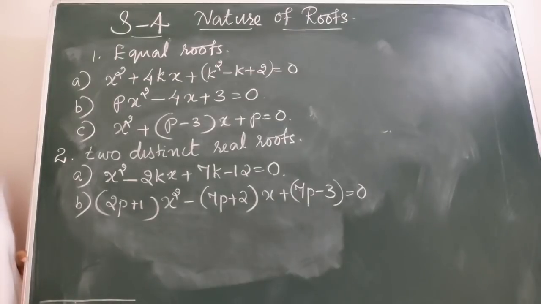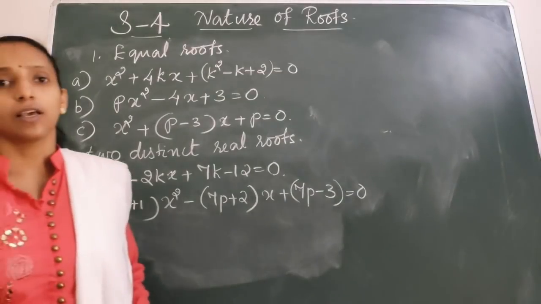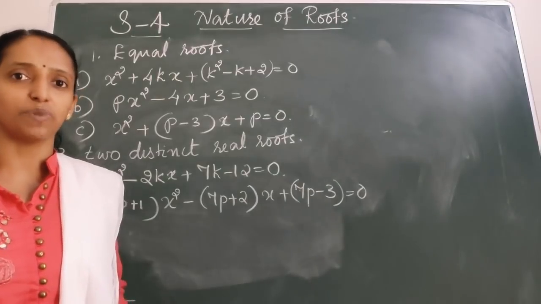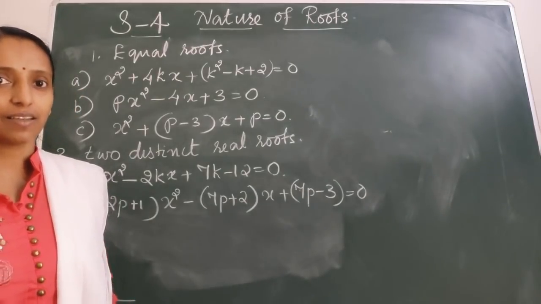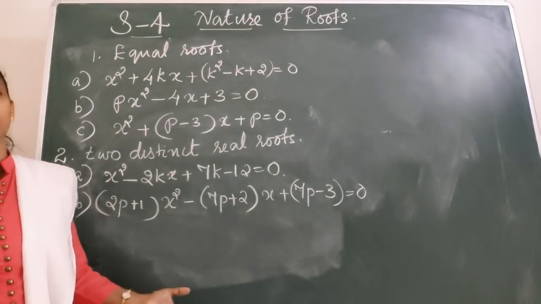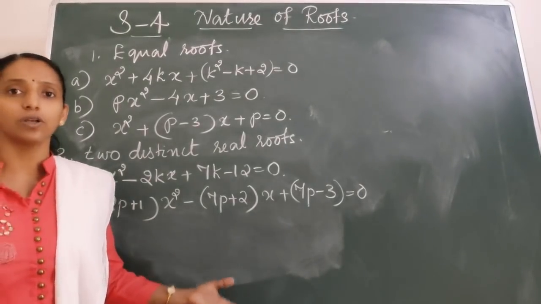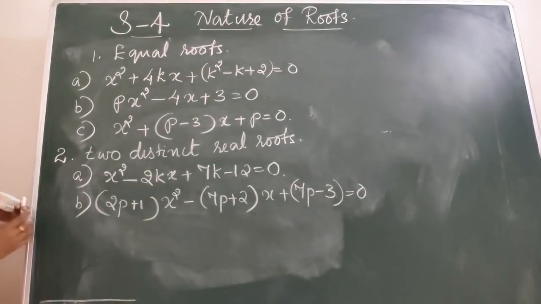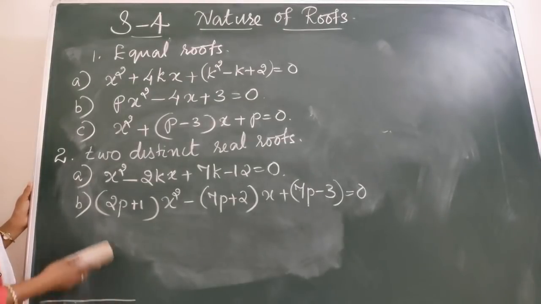After getting your textbooks, from each exercise you have to solve a minimum of 8 questions in your classwork copy. That means 8 different types of questions you have to solve in your classwork copy. Okay. So I think you have already noted down all these questions as homework.